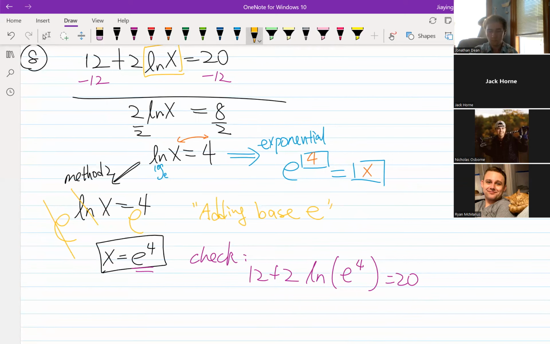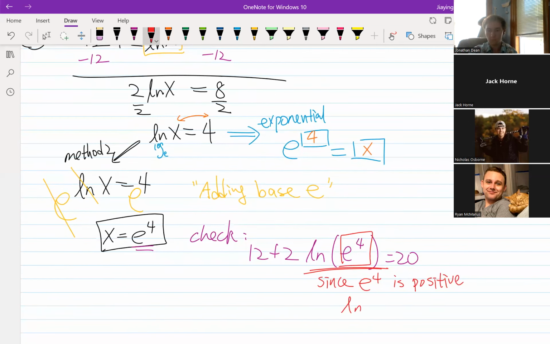In this case, we're not going to have a problem because when we put e to the fourth power, a positive number, into the log, that's perfectly fine. So since e to the fourth power is positive, the natural log of e to the fourth power is okay, it's good.